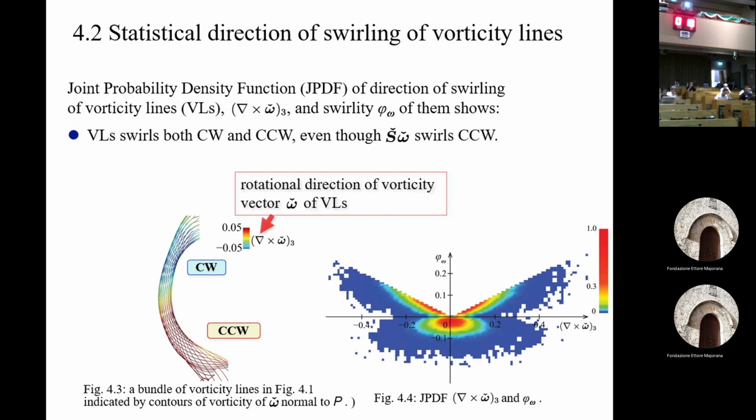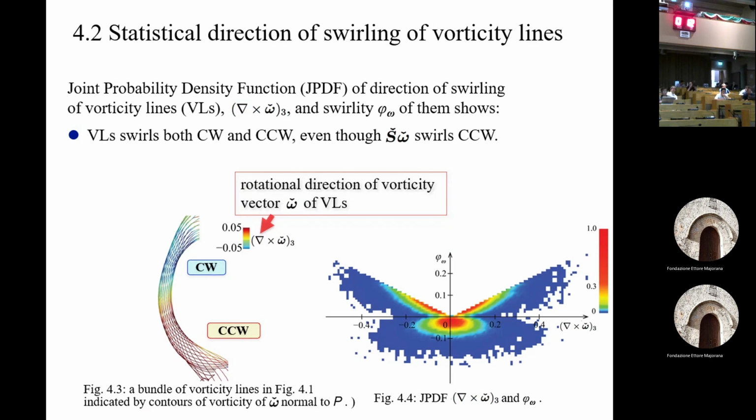And next, we analyze the direction of the swirling of the vorticity lines. So this indicates the rotational direction of the vorticity vector or vorticity line in the swirl plane, which can be specified by the vorticity of the vorticity vector in the vortex space.